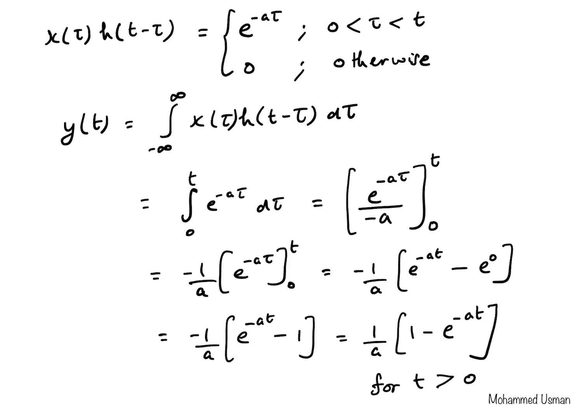So therefore we can write that very concisely as y of t equals 1 by a into 1 minus e power minus a t, and to say that it is valid only for t greater than 0, we multiply it with u of t. It's greater than or equal to 0, but at t equal to 0 in the continuous case it's a discontinuity, right?